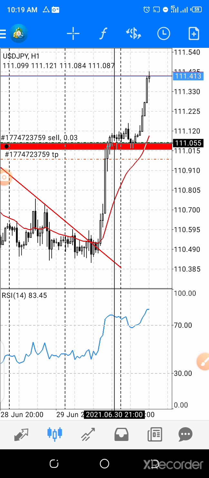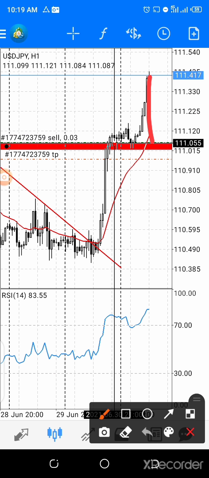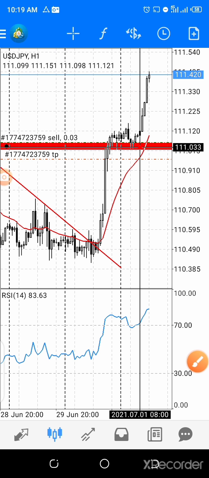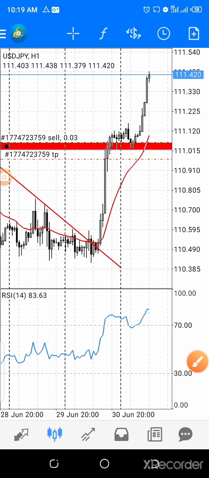That's 36 pips from where it is right now. From here to here, this is 36 pips. So I would have been in a $36 loss.